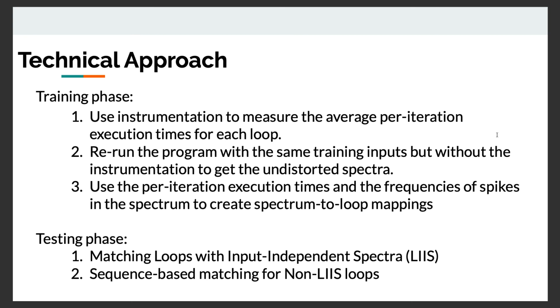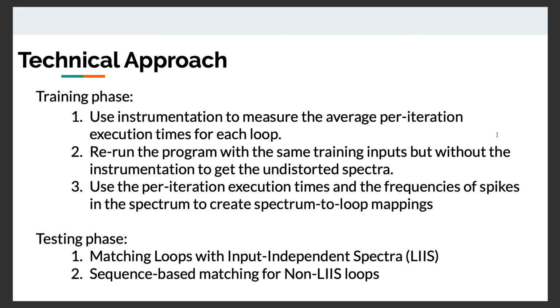We hit the breakpoint, do the short-time Fourier transform calculations, and then rerun the program without the interrupts, because with the interrupts in place, they would change our frequency a little bit and make our match inaccurate.